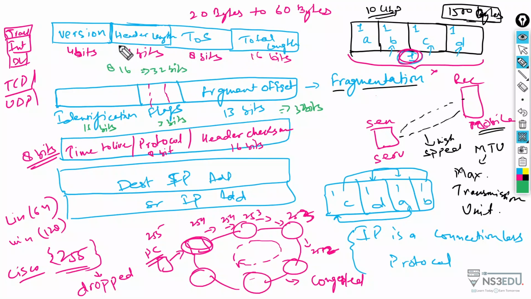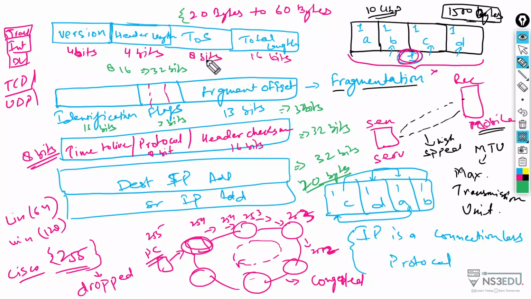Same as the upper row. After here 8 plus 16 plus 16 is 32. Now we have studied the IP addresses. We know that there are 32 bits in the IP address, right? So there are 32 bits here. On adding up all these bits, 32 plus 32 plus 32 plus 32, you will get 20 bytes. And that, I told you, is the minimum length of any header that we see at the IP layer.